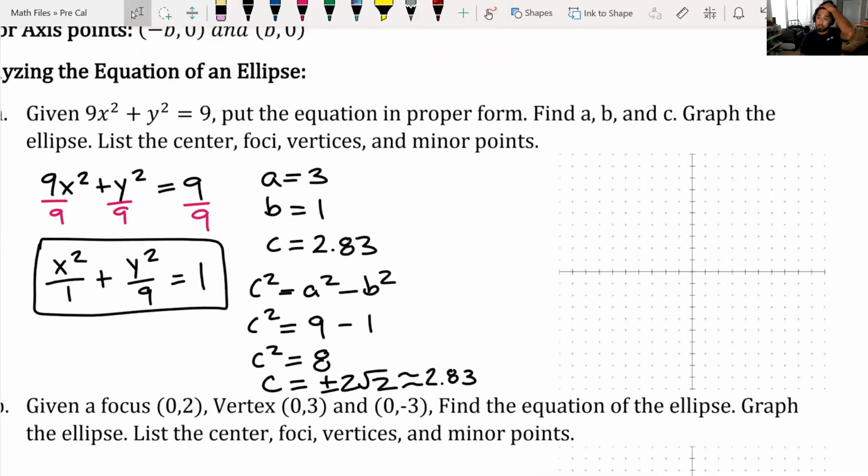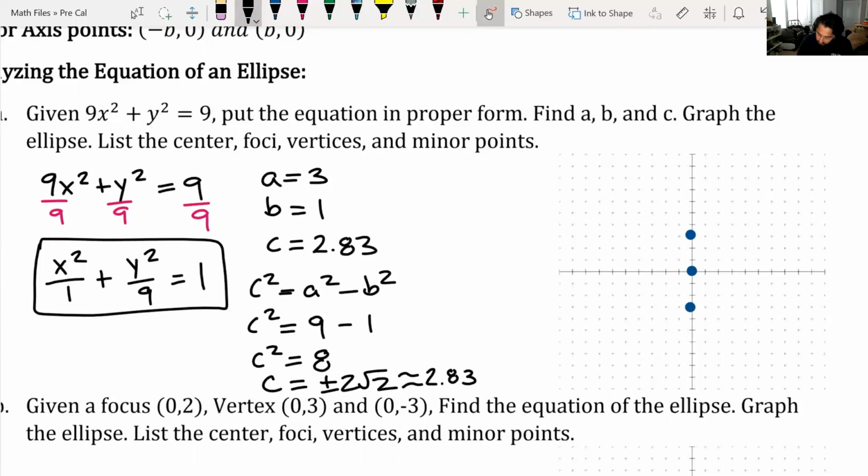All right, we were given enough information, so let's go ahead and plot our center, which again is at 0, 0. And now since this ellipse has the major axis at the y-axis, we are going to go up 3 and down 3 to find the vertices. So up 3, right there, down 3, right there.